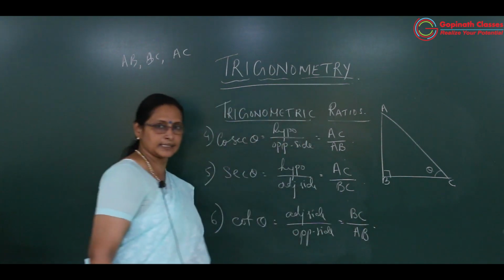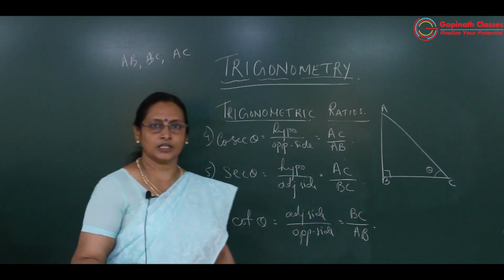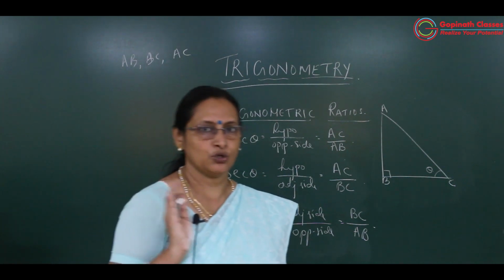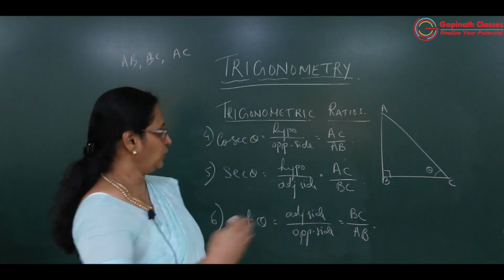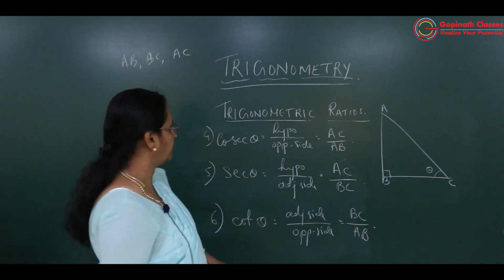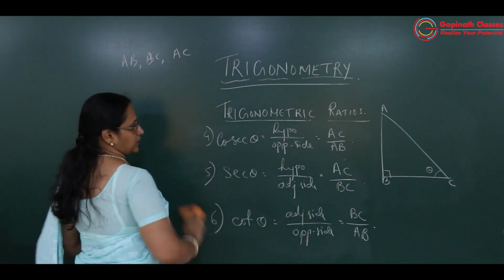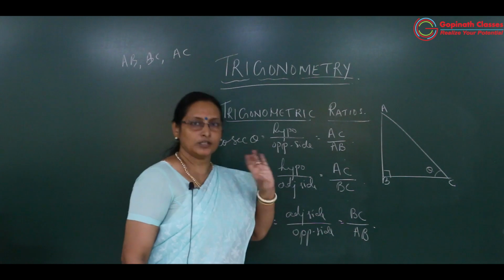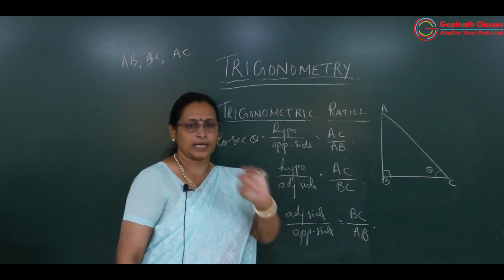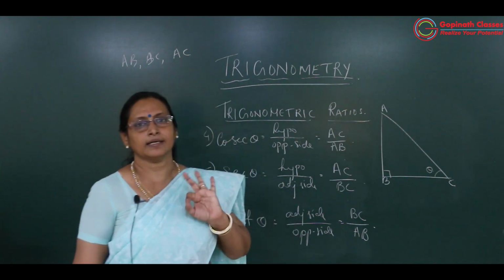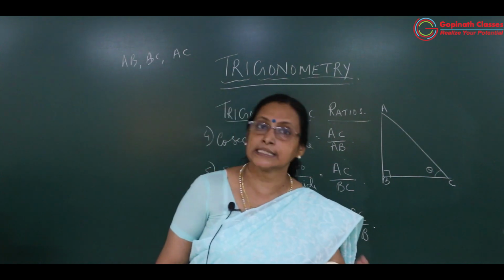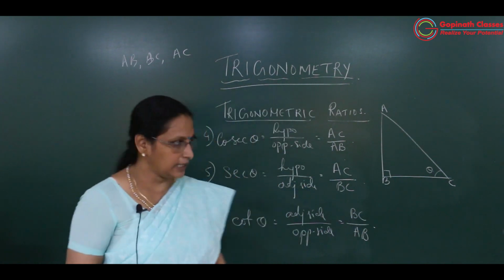These are the 6 basic trigonometric ratios which you must study, then only we can go ahead. Once more I am repeating the basic trigonometric ratios. Trigonometry is highlighted and given in the textbook. It is a relation of sides and angles of a right angle triangle.